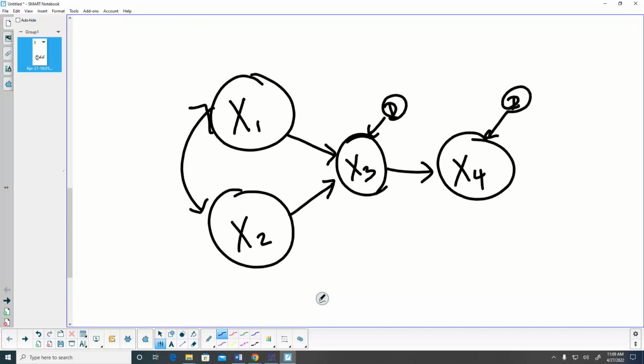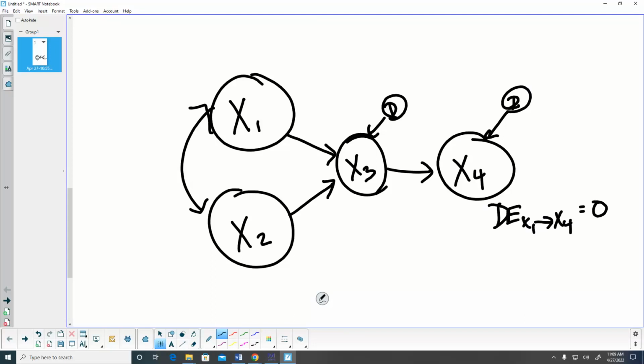So let's start by thinking about direct, indirect, and total effects. Let's do X1 to X4. Is there a direct effect from X1 to X4? No. So the direct effect of X1 to X4 is equal to 0.